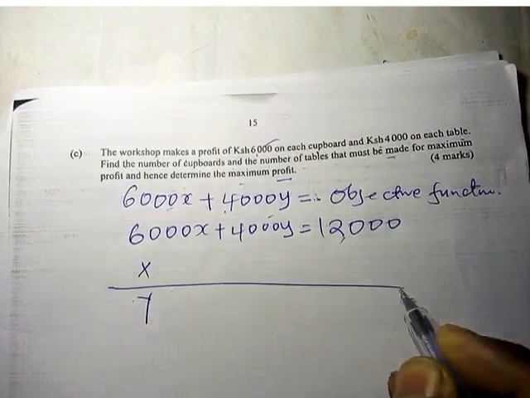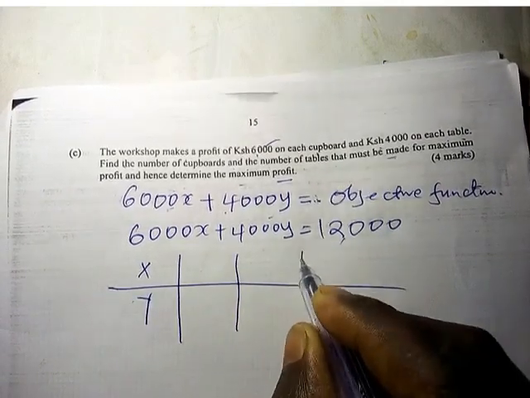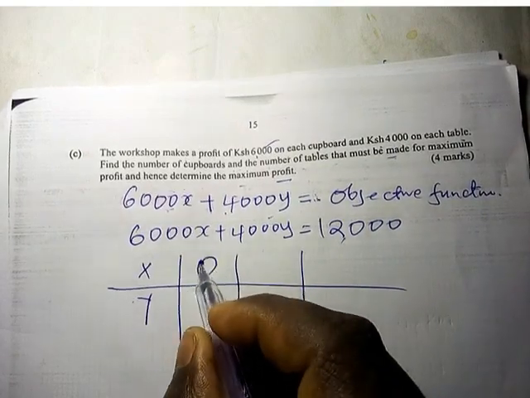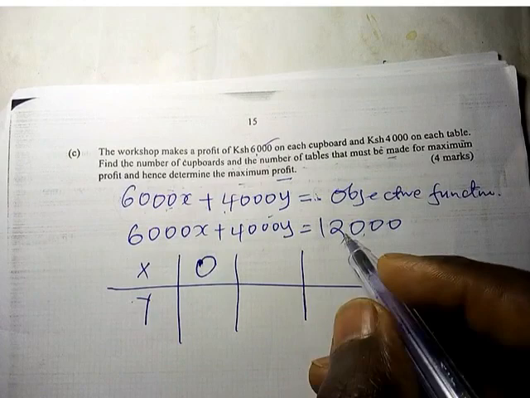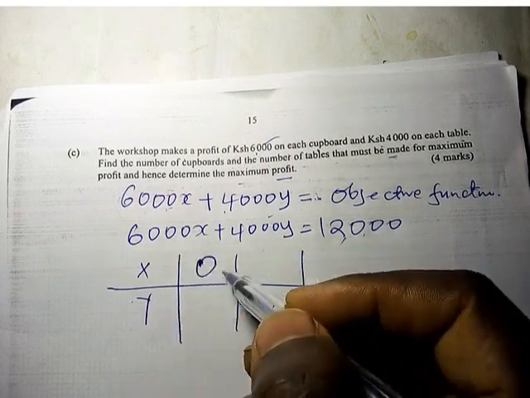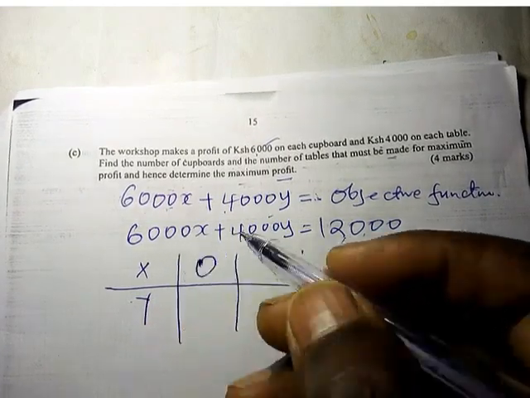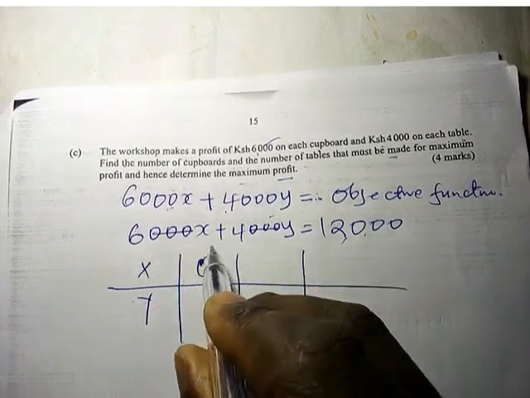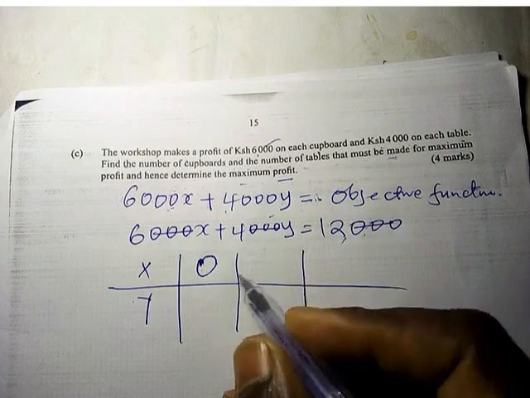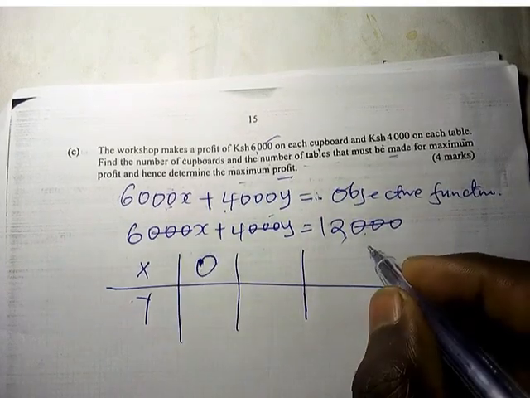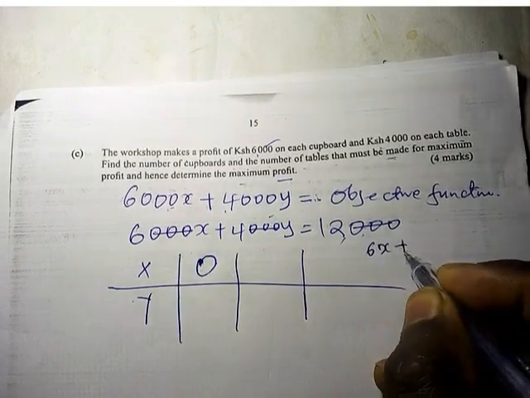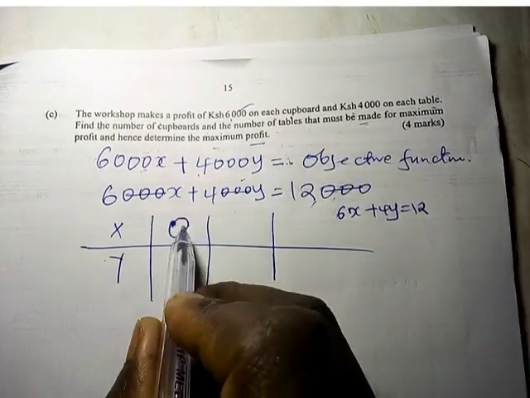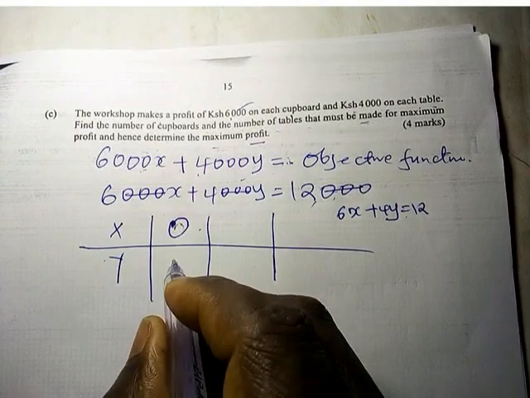So now this is going to give us the search line. We look for two points to get the search line. If x is 0, y is going to be, actually let me remove some lines from my graph, so let us remove this one and this one. So if x is 0, we are going to have 6x plus 4y equal to 12. If x is 0, y will be 3.